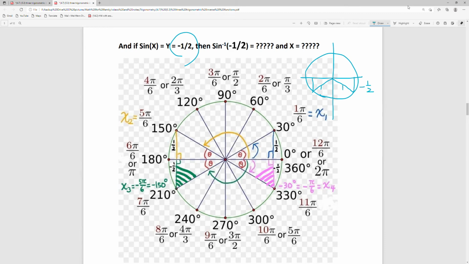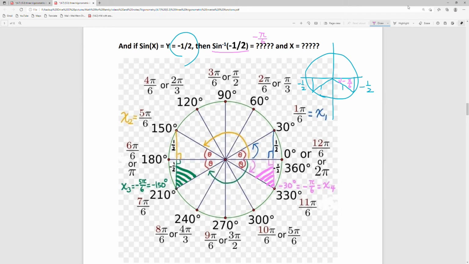This is negative 1/2. So the angle obviously will be a negative angle. And how do I know it's negative pi over 6? Because of the special triangle, or you can use the arcsine with a calculator, they will give you negative pi over 6.